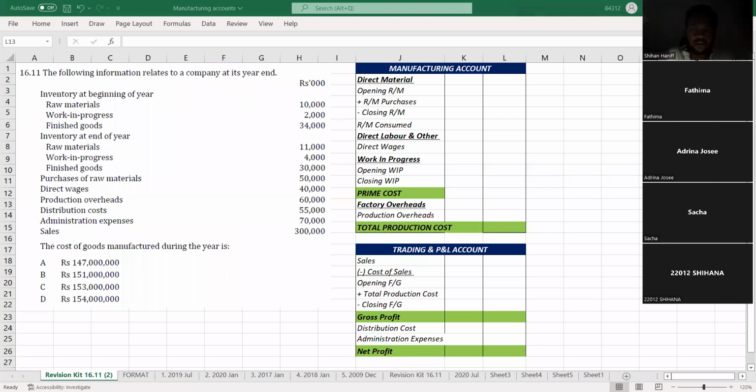And also find out, I want you to calculate what is the gross profit according to the information available and what is the net profit.